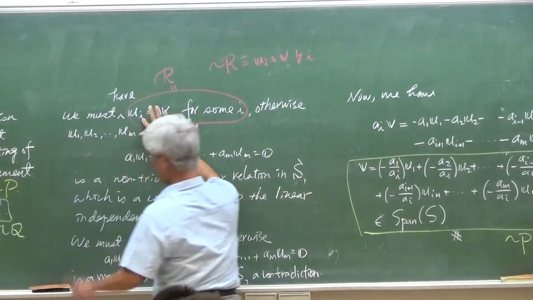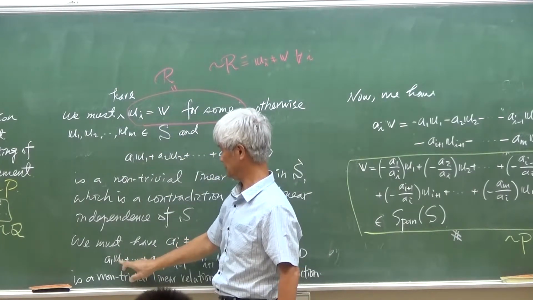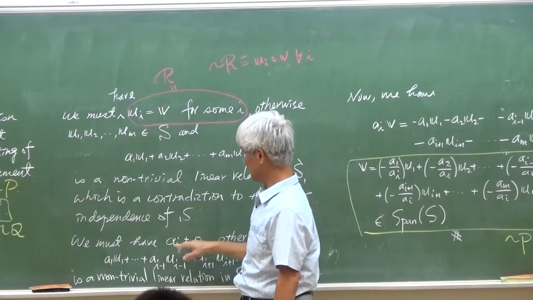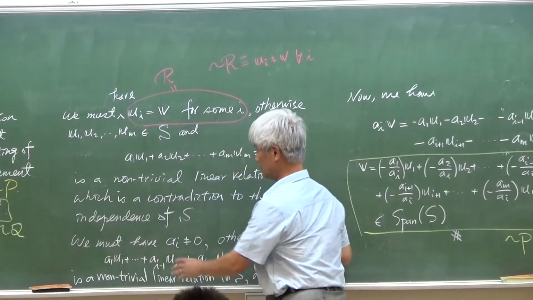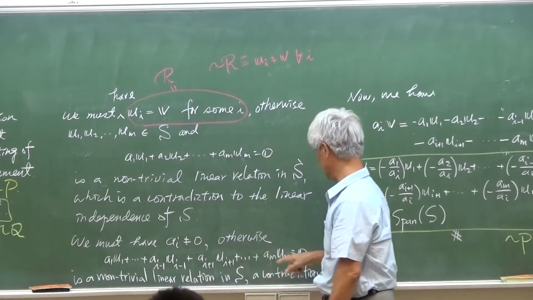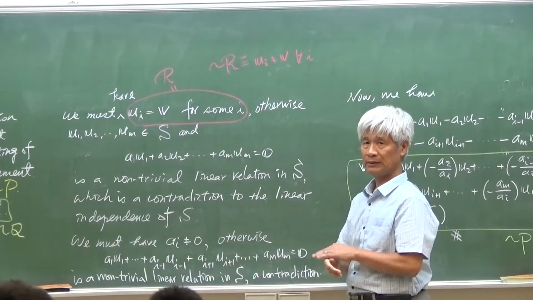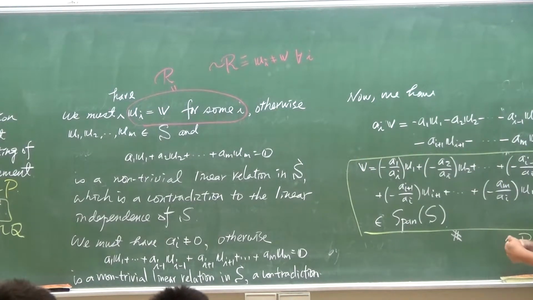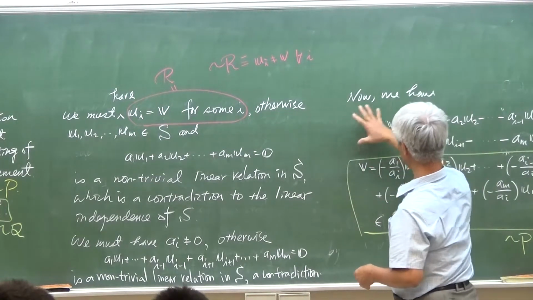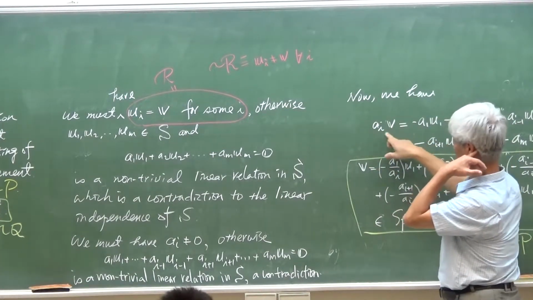For example, if i is 1, so u1 is equal to v, suppose that. Then if ai equals 0, the rest of the ui are in S, so it becomes a linear relation in S. So the only case is that we have this situation: ui is v and ai is not 0.